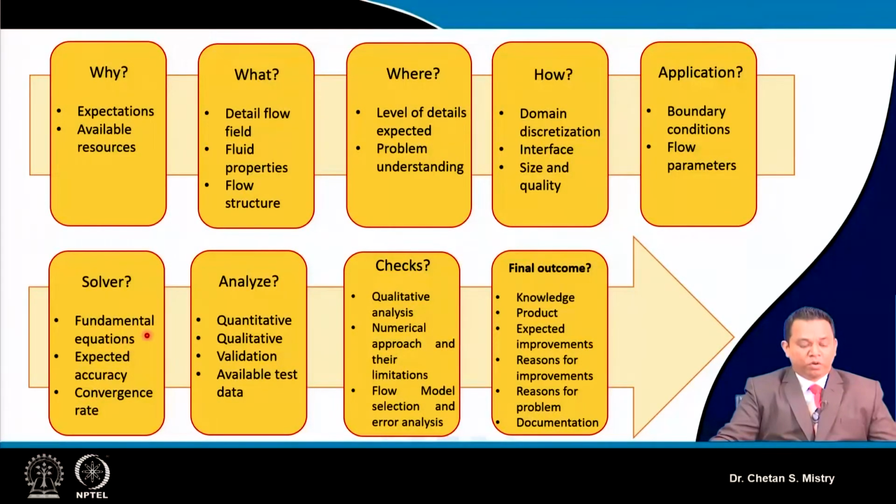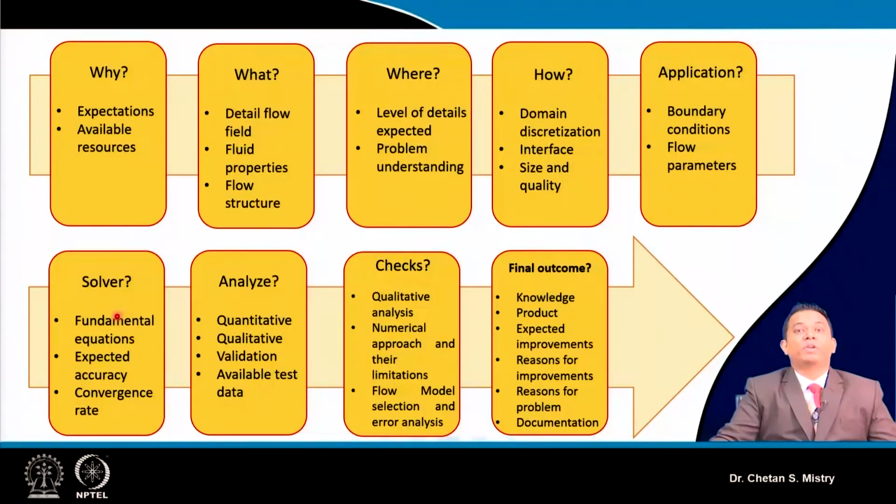Now for solver also we need to have an idea about what expected accuracy we are looking for, and that will be deciding what kind of solver we are selecting. Then we need to have an idea about the convergence rate. Now the available computational resources will be putting a constraint here.